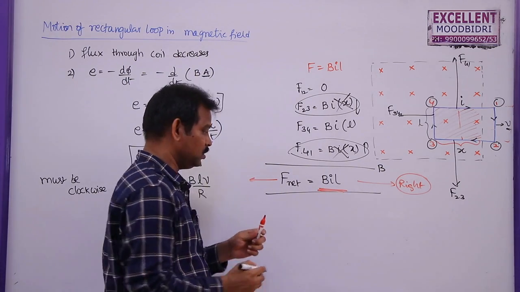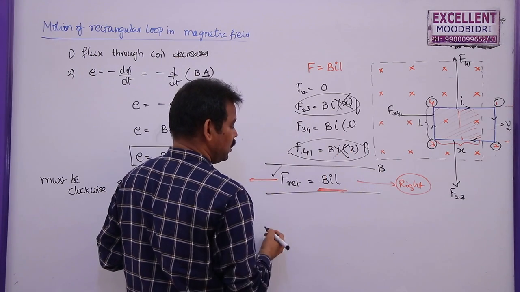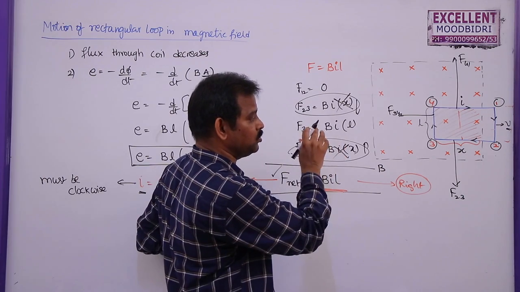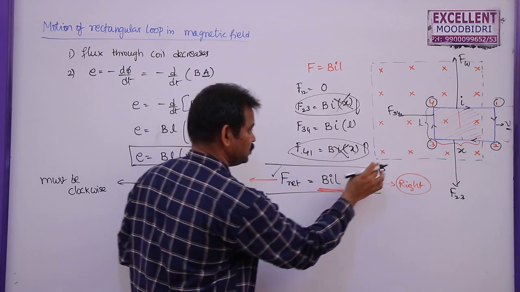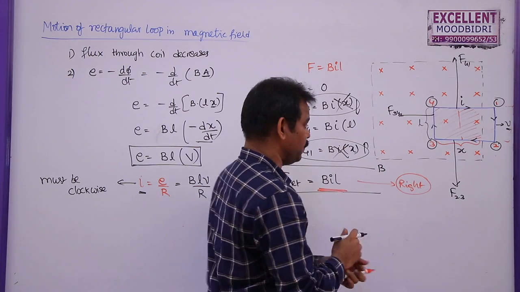So according to this, the force experienced by this entire loop is given by this much, and the force given by us to move this loop with a constant velocity, when these two forces are equal and opposite, net force will become 0. Net force is 0 means body moves with constant velocity.